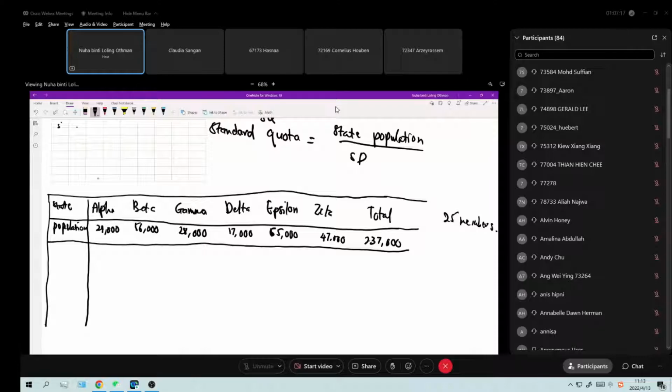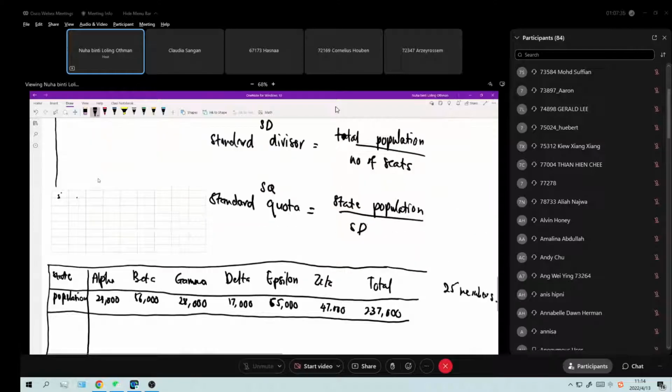So we call them senators. So first, what you need to find, this is the first step. Whatever method that you use, you need to find the standard divisor first.